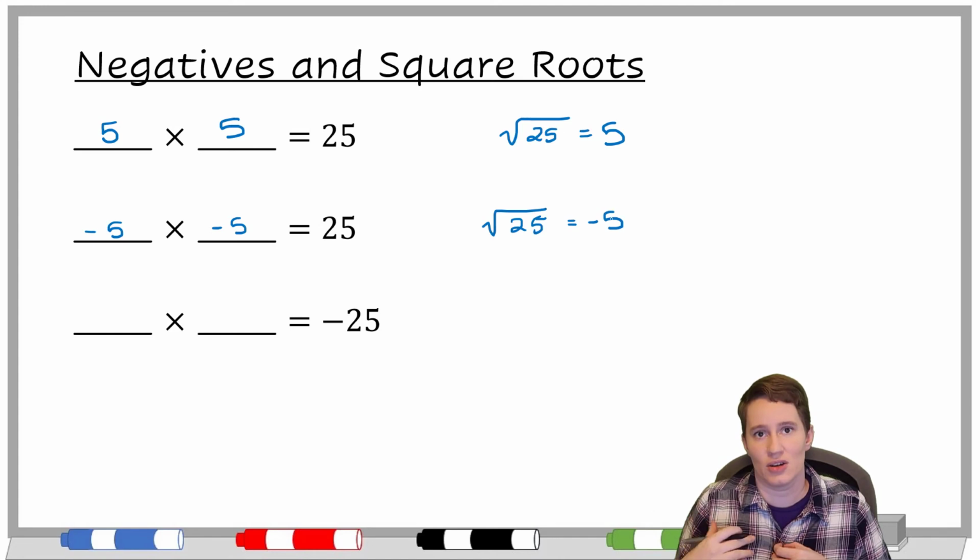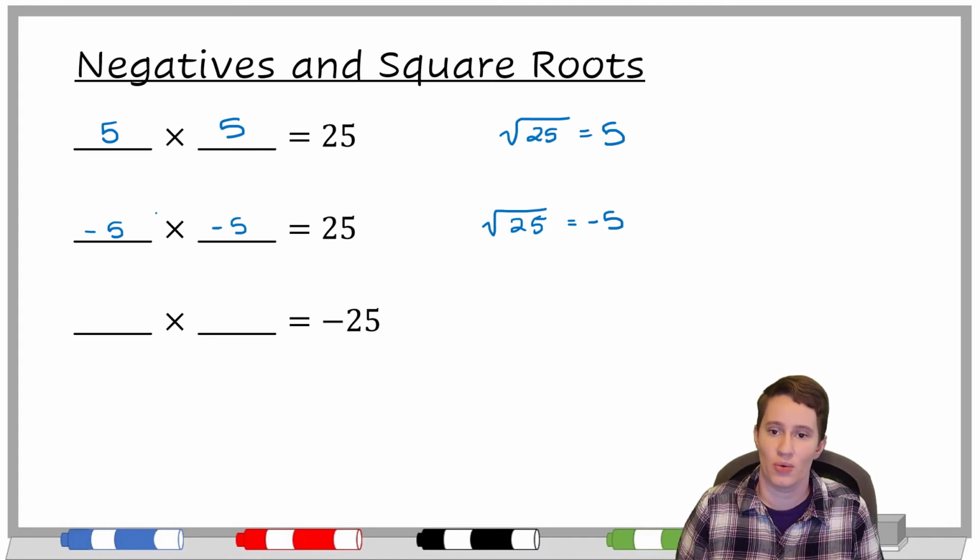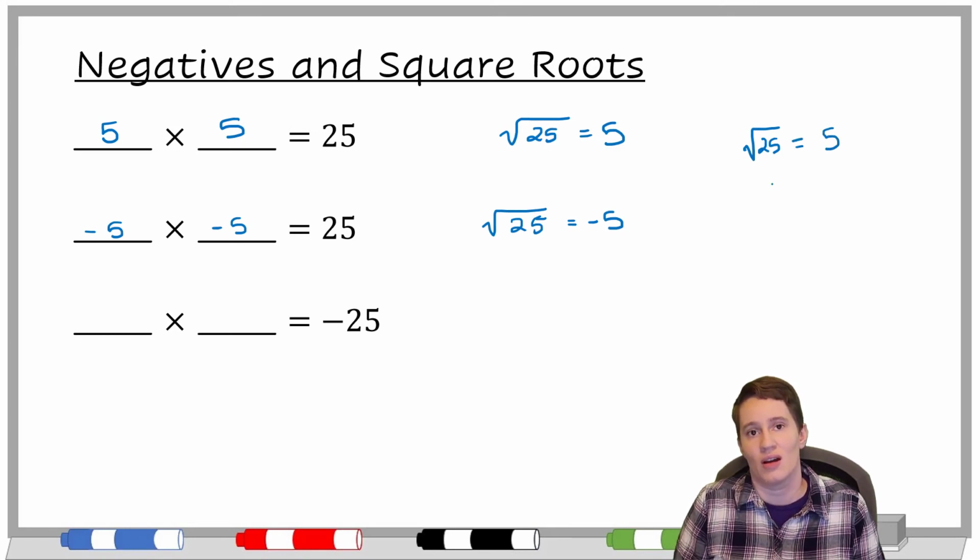The other side to this, though, is a notation thing. When a textbook or mathematician writes square root of 25, they actually are trying to tell you, I mean positive 5. I believe this is a mostly accepted thing, if not completely accepted, that when they write the square root symbol, they mean, yes, positive 5.